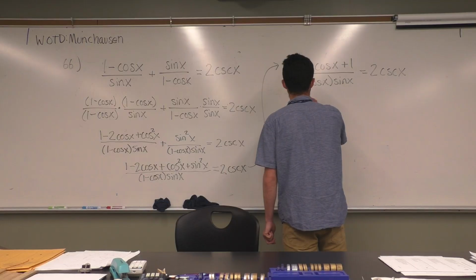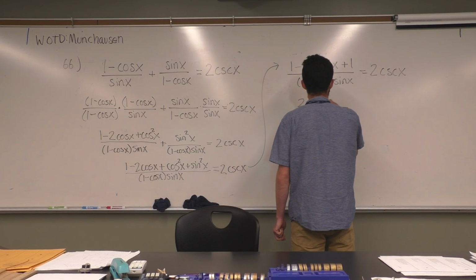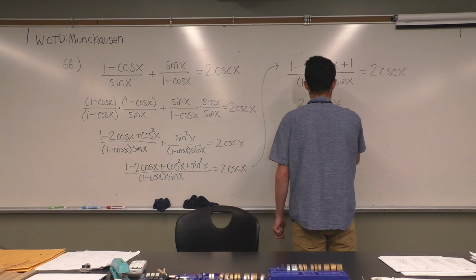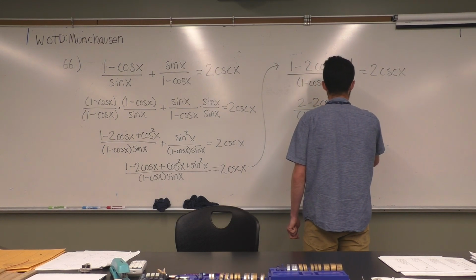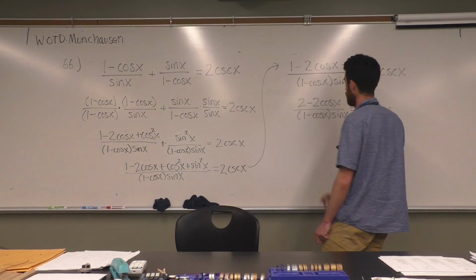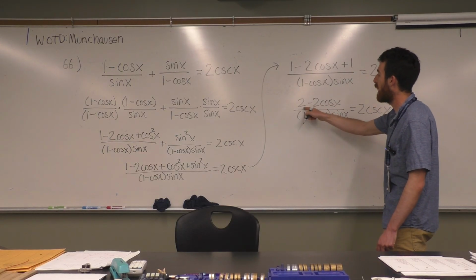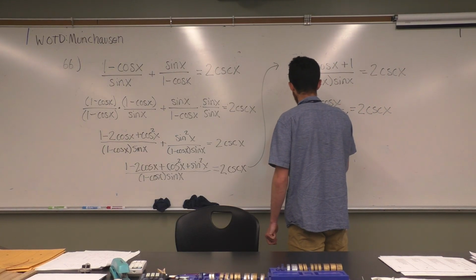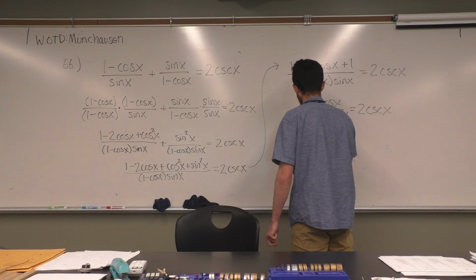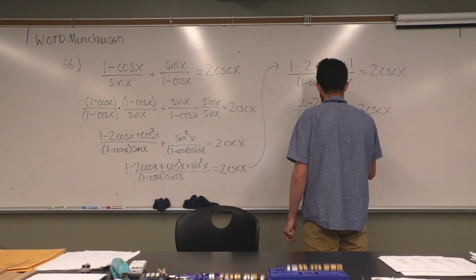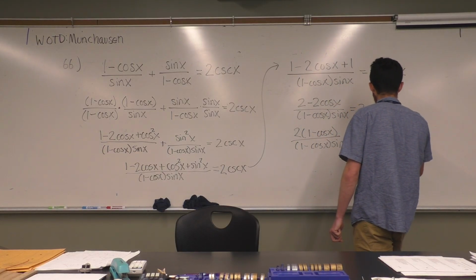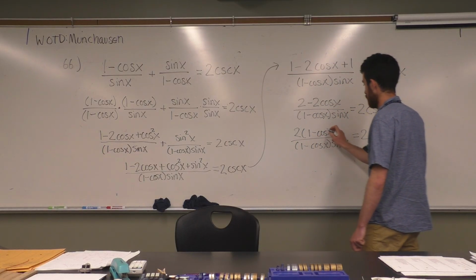Now combining like terms, 2 minus 2 cosine of x over 1 minus cosine of x sine of x equals 2 cosecant of x. And I can factor out a 2. 1 minus cosine of x over 1 minus cosine of x sine of x equals 2 cosecant of x.